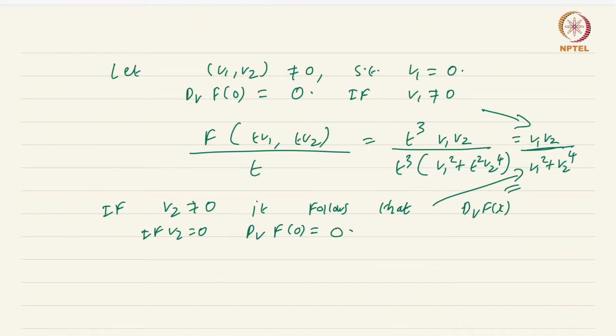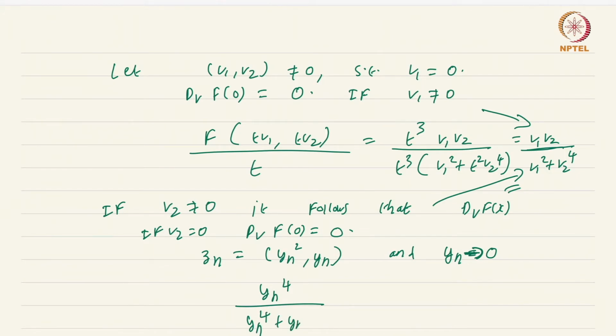How do you see that? Well, consider the sequence z_n equal to (y_n squared, y_n) with y_n going to 0. So you are approaching the origin via this parabola (y_n squared, y_n). Substituting in that expression for f, we get y_n to the power 4 divided by (y_n to the power 4 plus y_n to the power 4), which is just half.